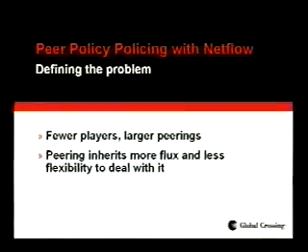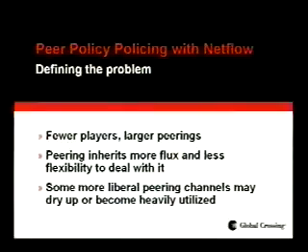With fewer players, there'll be larger peerings. And those peerings will inherit more flux and less flexibility to deal with it, because you won't be able to just go buy new interfaces. And even if you can, perhaps your opposing peer will not have the cash on hand to buy the new interfaces that are required.